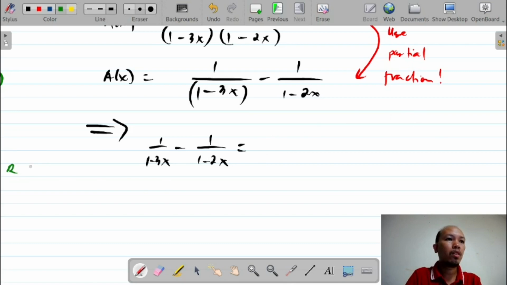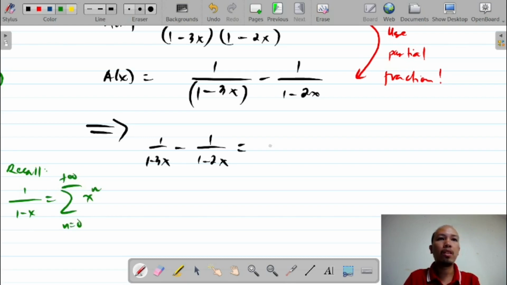Recall that 1 over 1 minus x is equal to the summation of x to the n, starts from 0 to positive infinity.